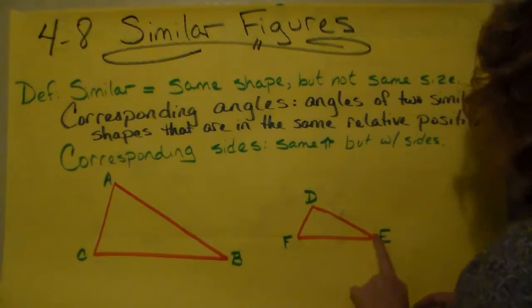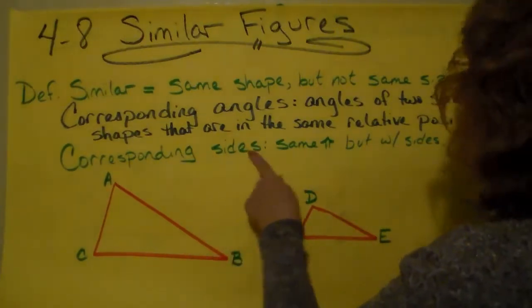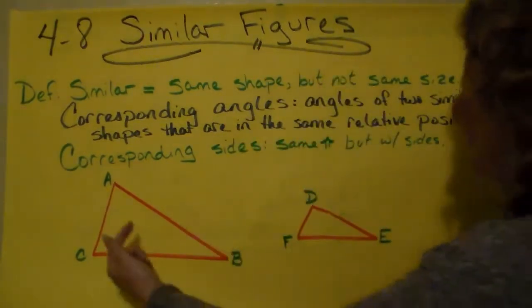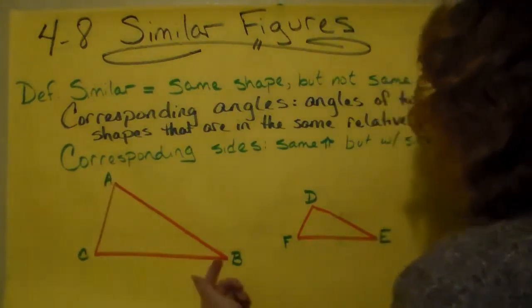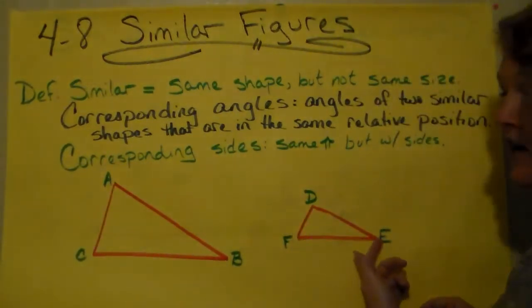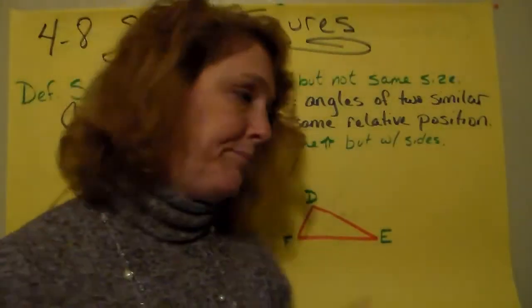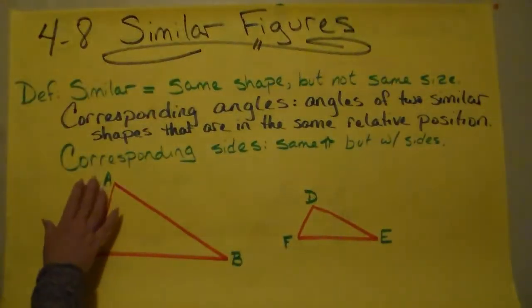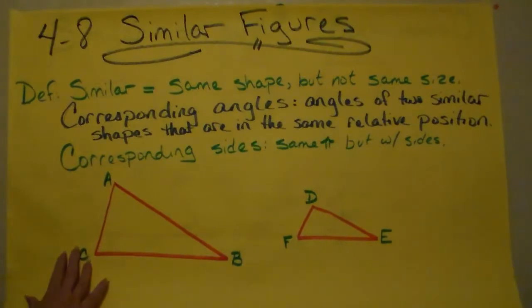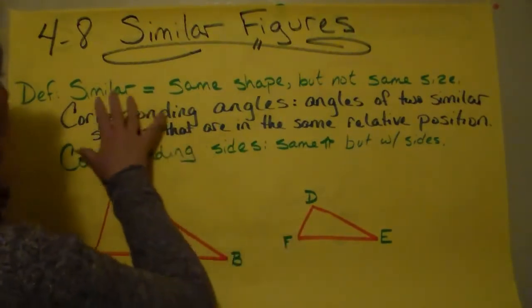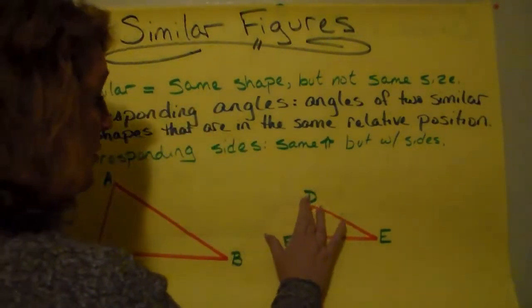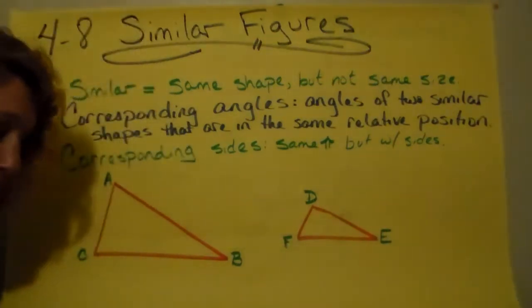So are angle B and E, get it? And corresponding sides is the same definition, but with sides. So side AB and side DE are corresponding sides. That kind of thing. You good with that? So triangle ABC is said to be similar to triangle DEF.